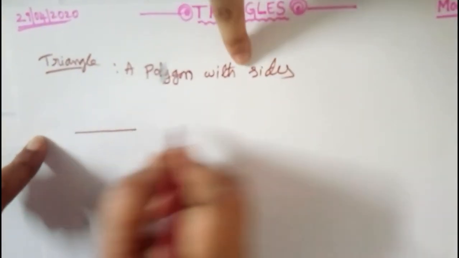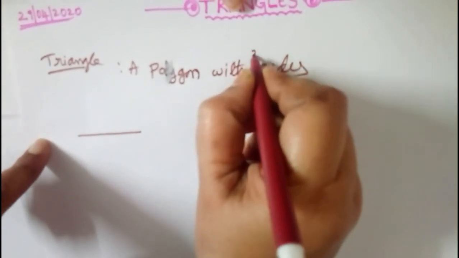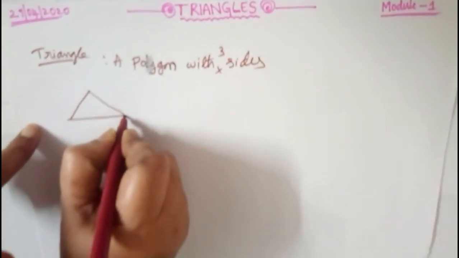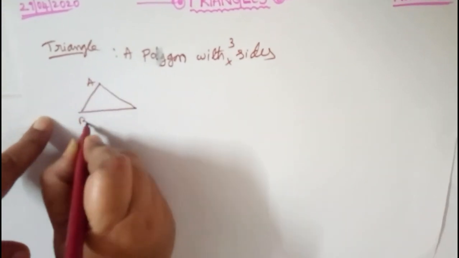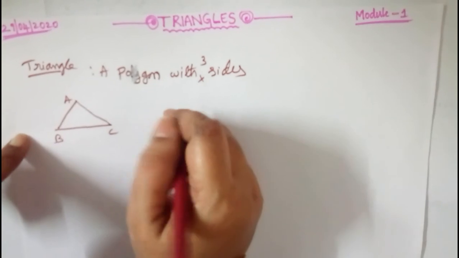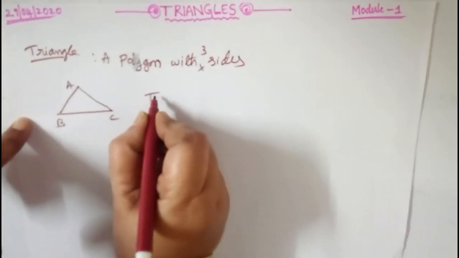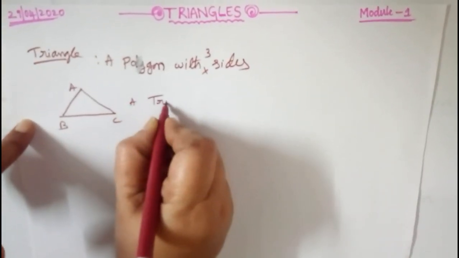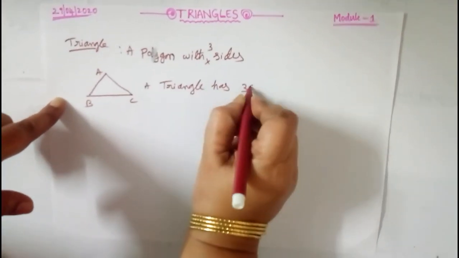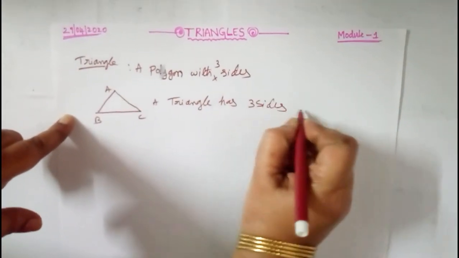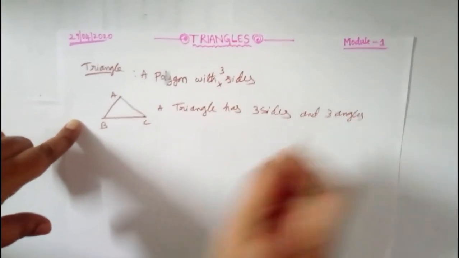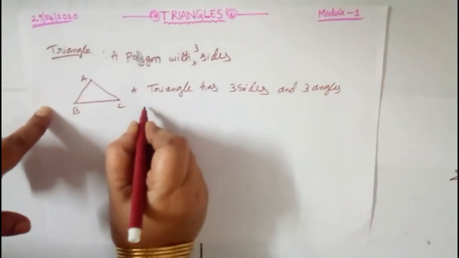Now consider the triangle. Three sides. Let us consider triangle ABC. A triangle has three sides and three angles. Here what are the three sides?